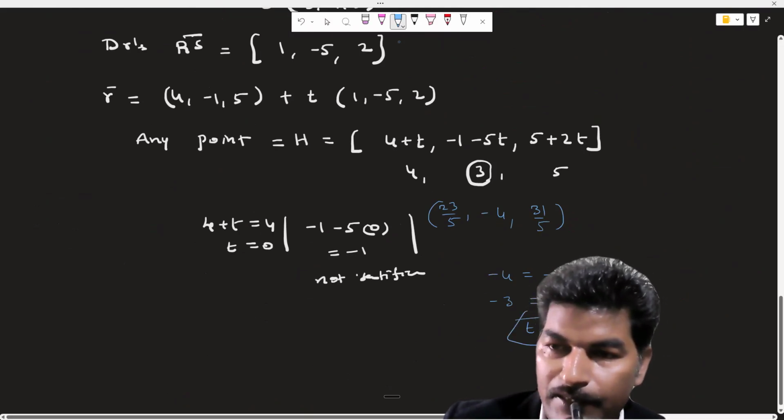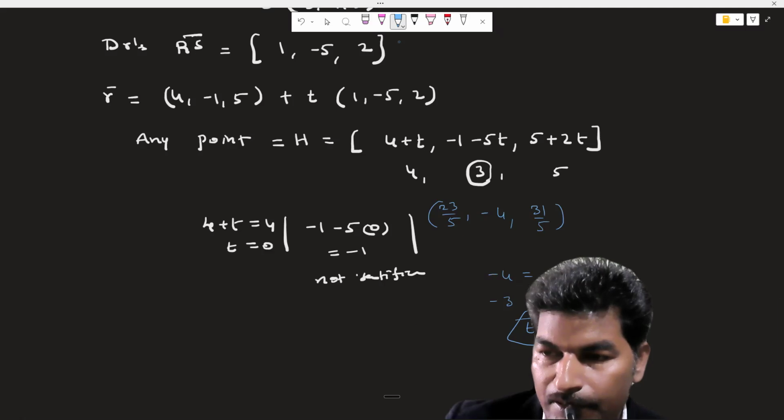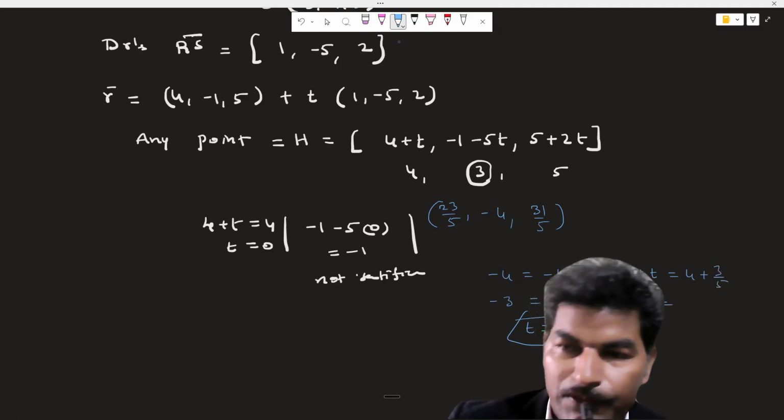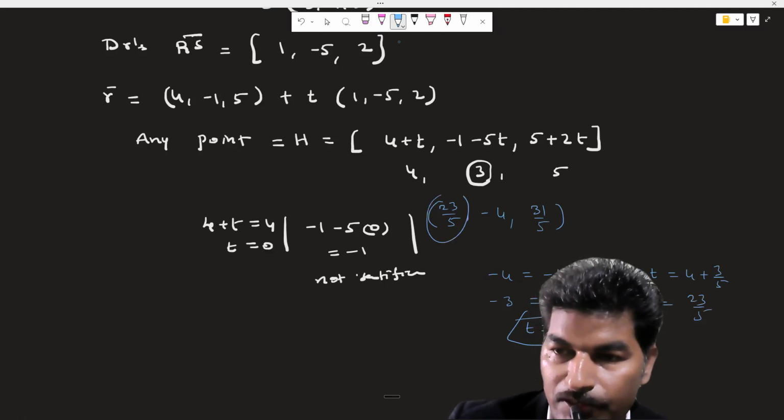I want to check whether this t value satisfies the other coordinates. The x coordinate: 4 plus t equals 4 plus 3 by 5, which is 23 by 5. Yes, I got 23 by 5.